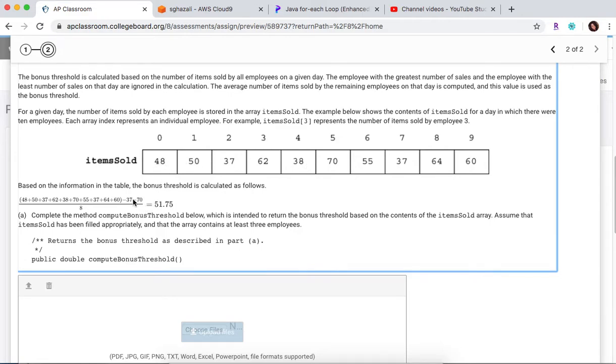Because we're taking the average and we're leaving out two numbers, they had to divide by 8. Now, the length of items sold doesn't have to be 10, so just be careful, okay? So we actually have to take our length and subtract it by 2 when we divide, okay? And then we'll return that average as a double value. Okay, so let me show you what I did.